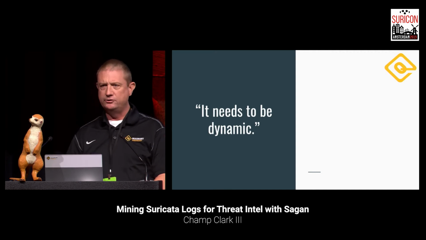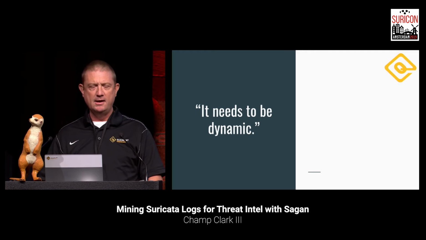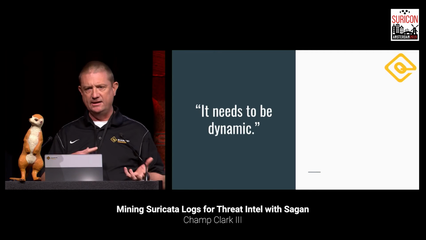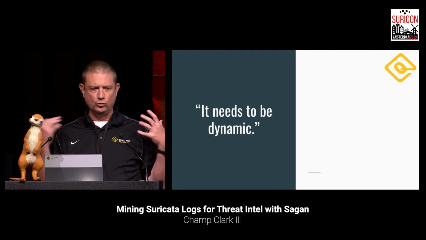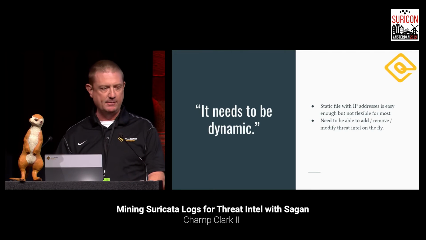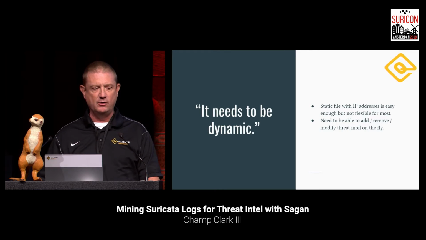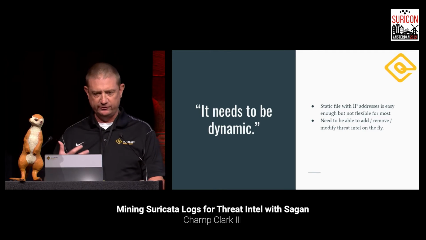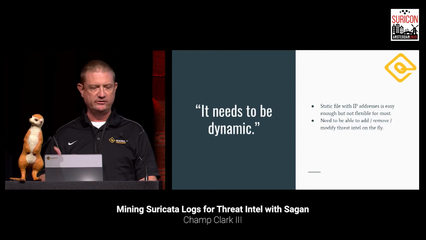A lot of the people also wanted the data to be very dynamic. That is, be able to add to it and have multiple sensors read from one data set, so to speak. So it needed to be very dynamic, because static files, the static IP address files for instance, aren't always easy to deal with. They're not as flexible.